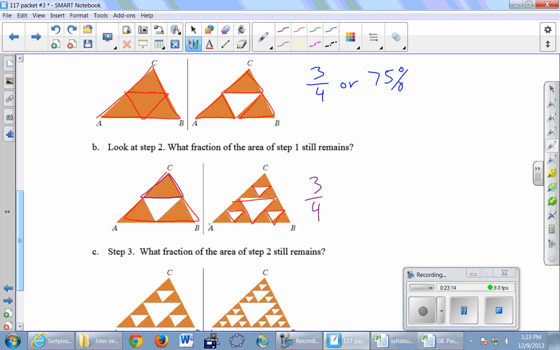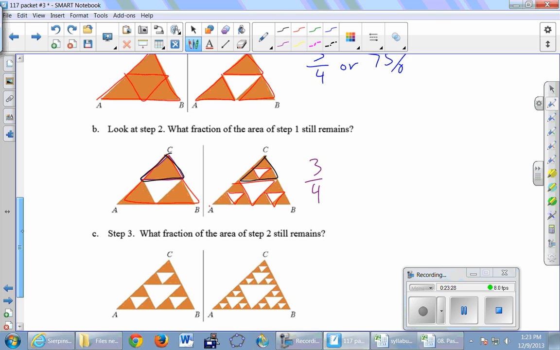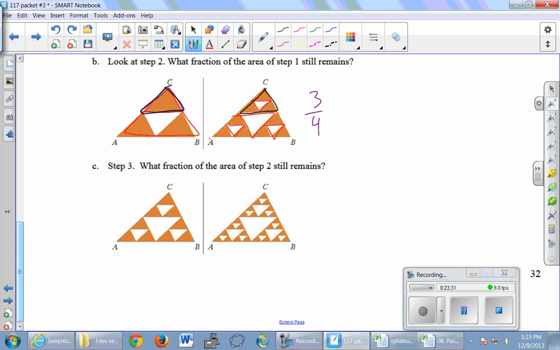Okay, if we're all convinced that this top black thing and the new black thing, that the new one is 3/4 of the old one, then we should be convinced it's 3/4 all the way around. Looking at part C, which is just the same thing but one more step, I will highlight in black here this top triangle compared to the new top triangle.